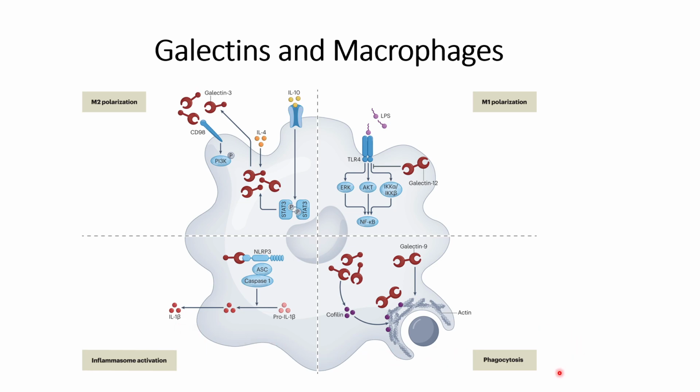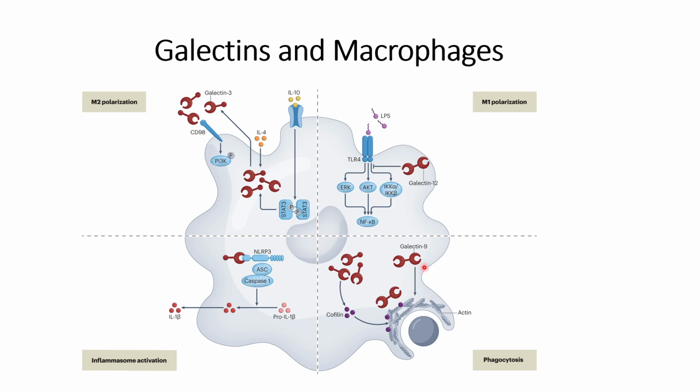The last one is phagocytosis. In this case, galectin 3, which is not labeled here, and galectin 9 both help in the rearrangement of actin. As we can see here, galectin 3 acts with the help of cofilin, and this cofilin helps in the rearrangement of actin, which helps in the phagocytosis of the cells.